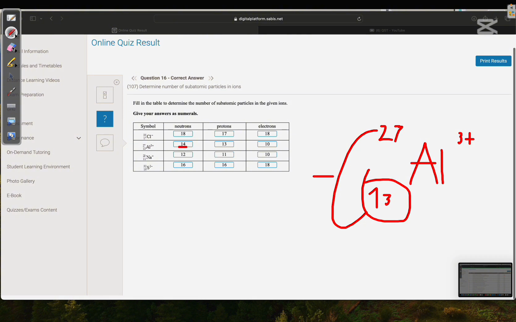And then the electrons. So let's say it's 2 plus, we do the atomic number minus 2. So we switch the sign basically each time. So now we do 13 minus 3 to find the electrons. We get 10. So we have 10 electrons.